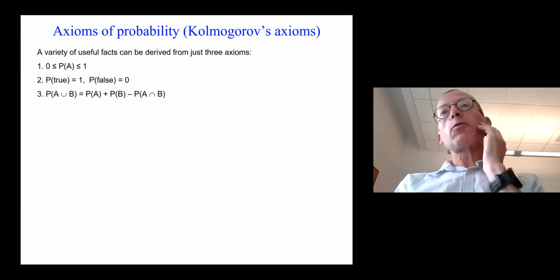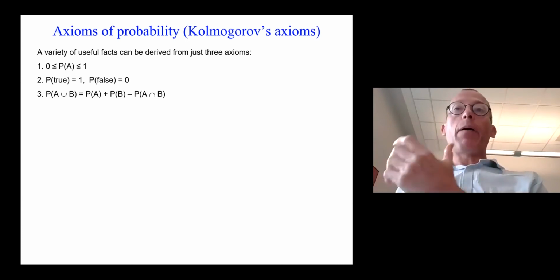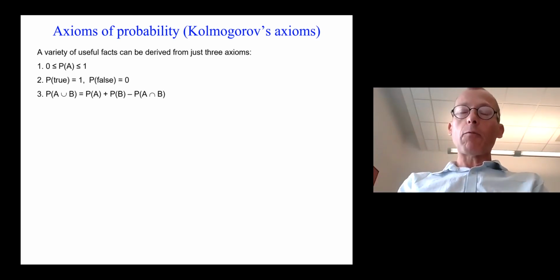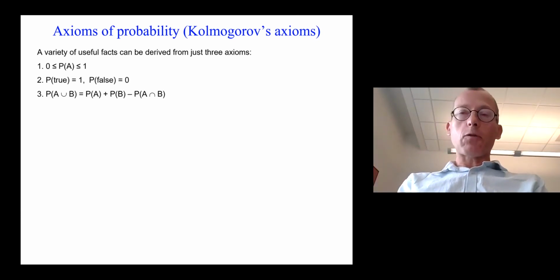There are a few axioms of probability that everything else is derived from. Probability is always non-negative, and it's between 0 and 1. We usually refer to the probability of true as 1, and the probability of false as 0.